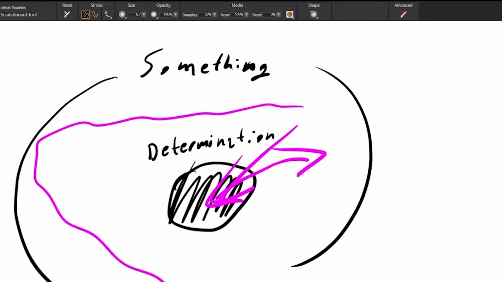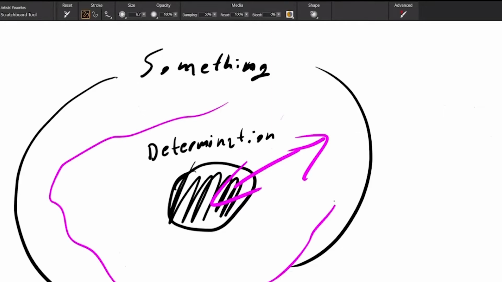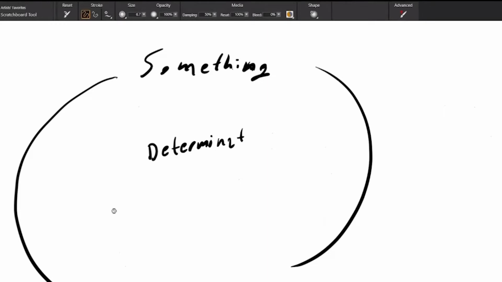So the inner, or the determination, is only determination insofar as it is determinate through this non-being of this outer something, or the bound of something, or the containing something, whatever you want to call it. This relationship is, therefore, the relationship of determination.